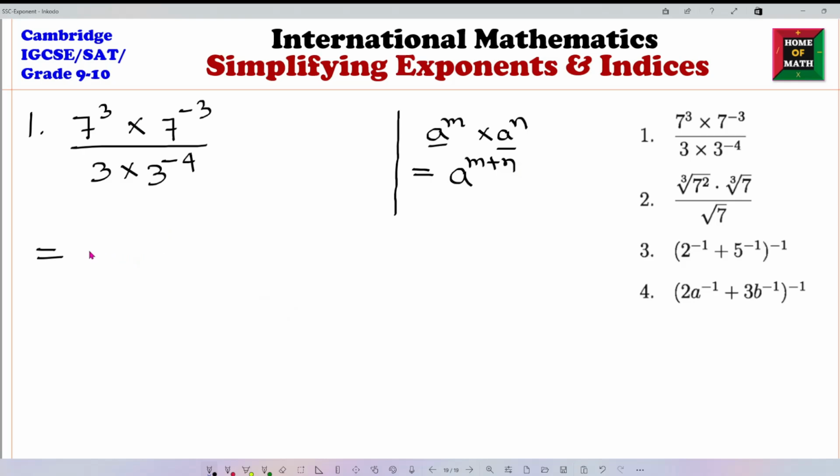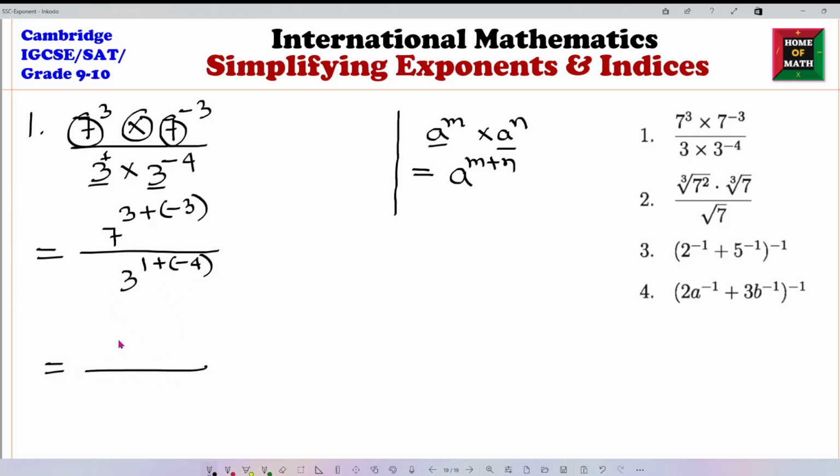Similarly, here the base is 7 and this is a product and the bases are the same, so 3 plus minus 3. And similarly the base is the same, which is 3, and this 3 has no power, it means 1, right? So we can write 1 plus minus 4.